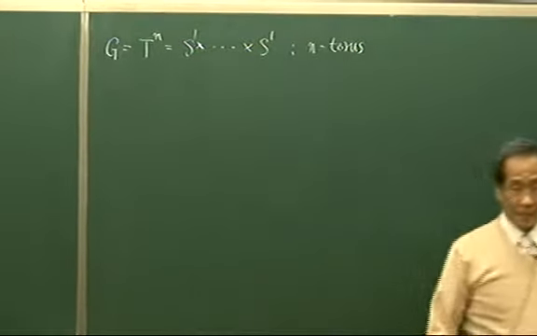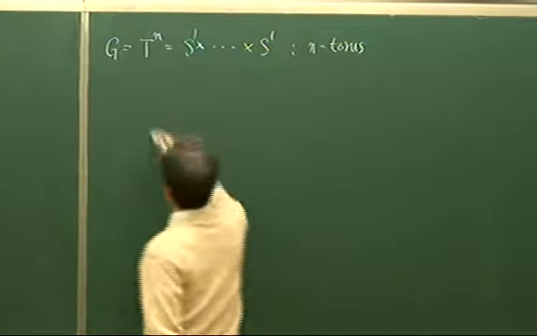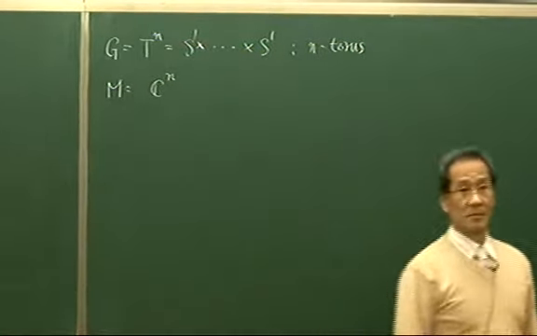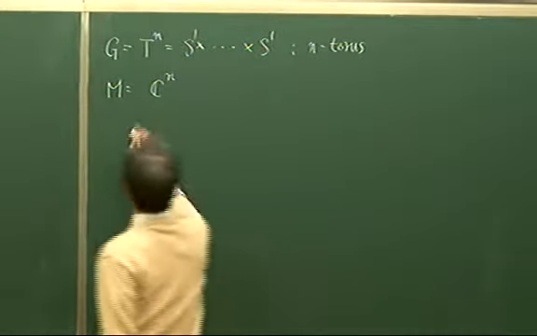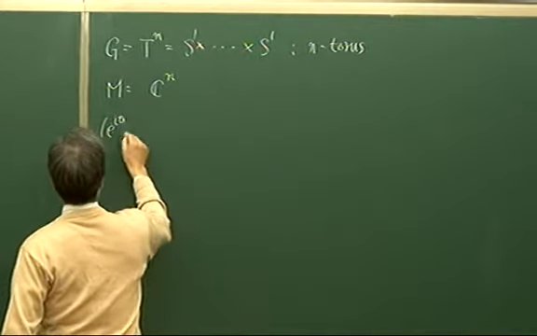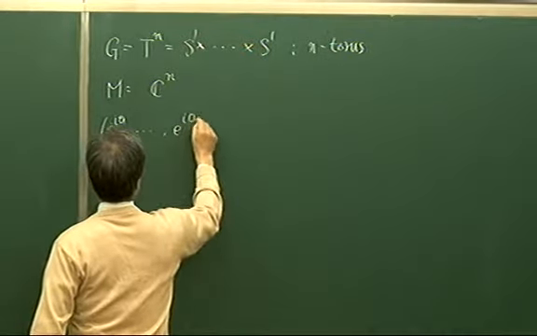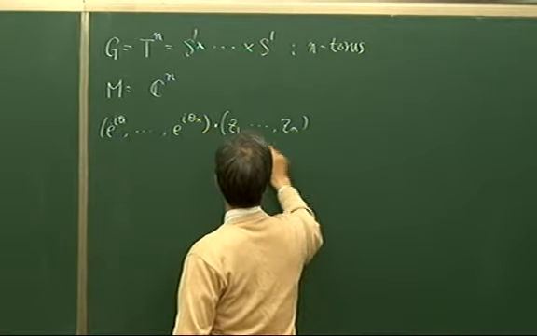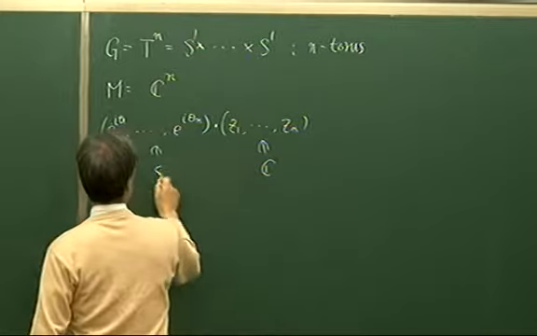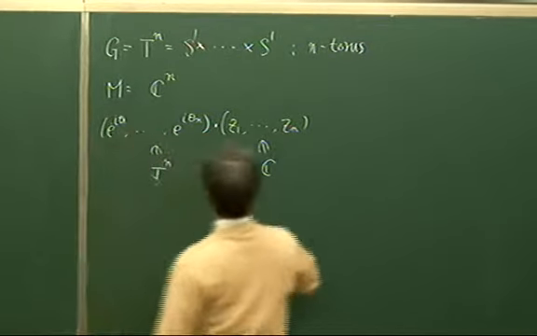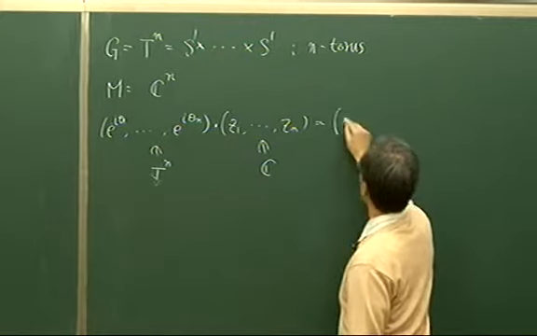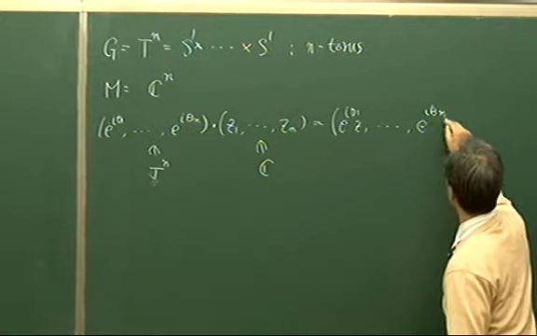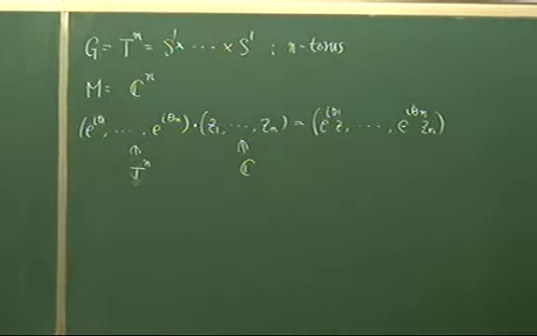This is a Lie group, and M is C^n. The group action here, (e^{i zeta_1}, ..., e^{i zeta_n}), is acting on (z_1, ..., z_n), where this is an element in C^n and this is an element in T^n, by coordinate-wise multiplication.